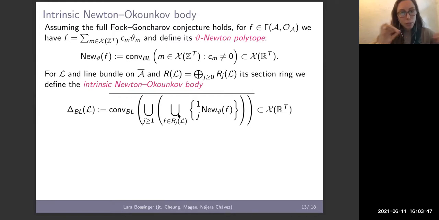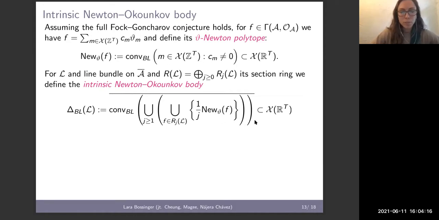The only thing I replace is that instead of having a valuation, I take the theta Newton polytope for my regular function. So I run through all the graded pieces, all the elements, and for each degree j, I take the broken line convex hull of the exponents, or the tropical points corresponding to theta functions in my extension.